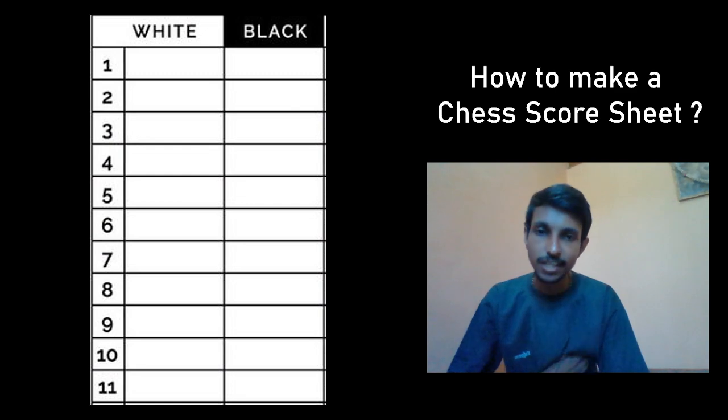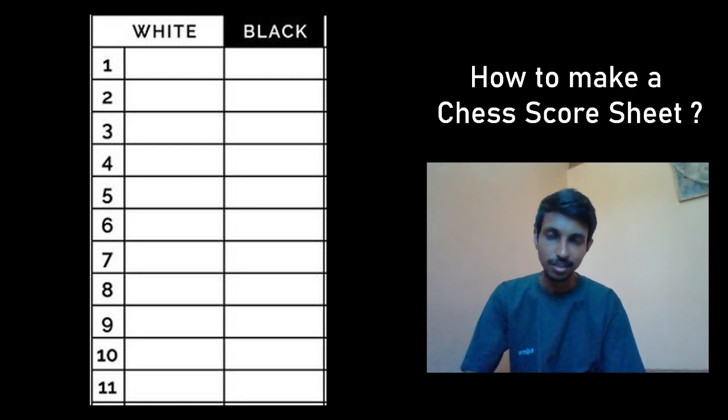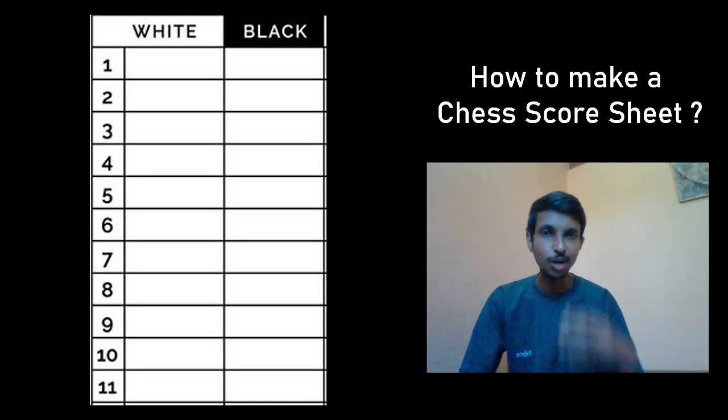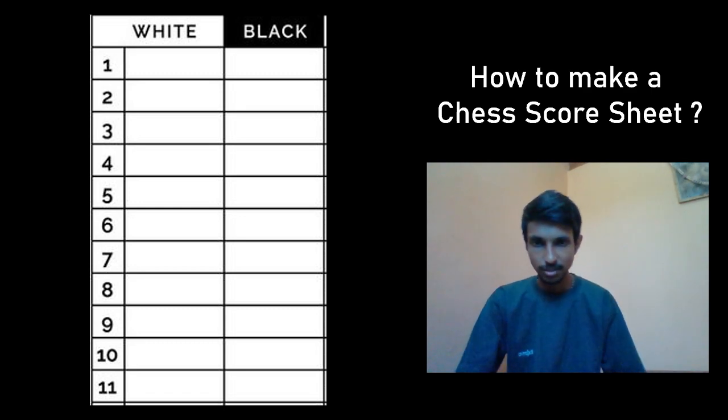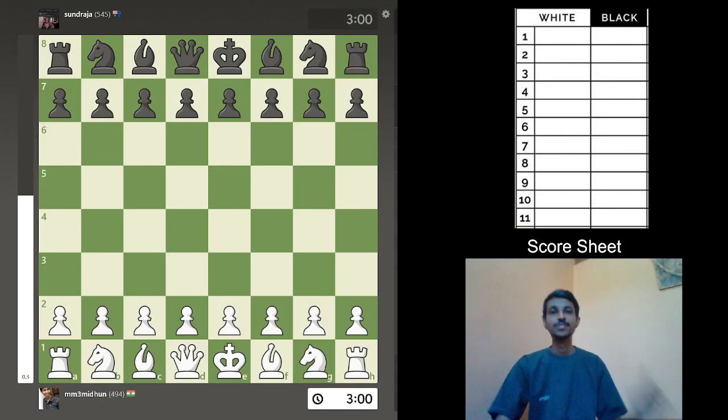So now that we have learned about all the 5 kinds of moves in chess, let's see how to apply those to a game that we are playing. Now look at the score sheet above and the game beside me.